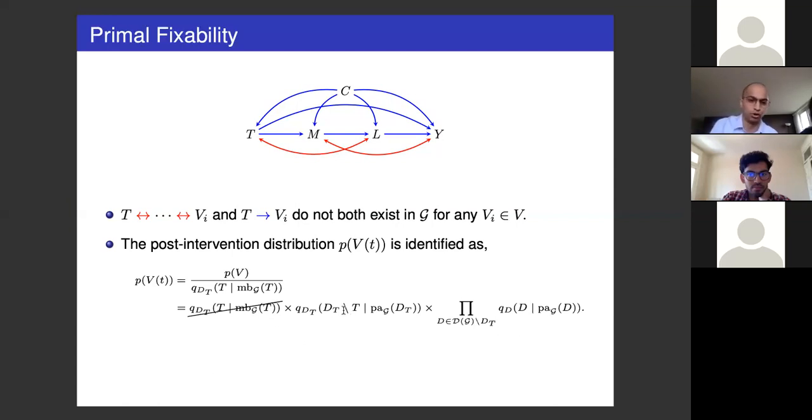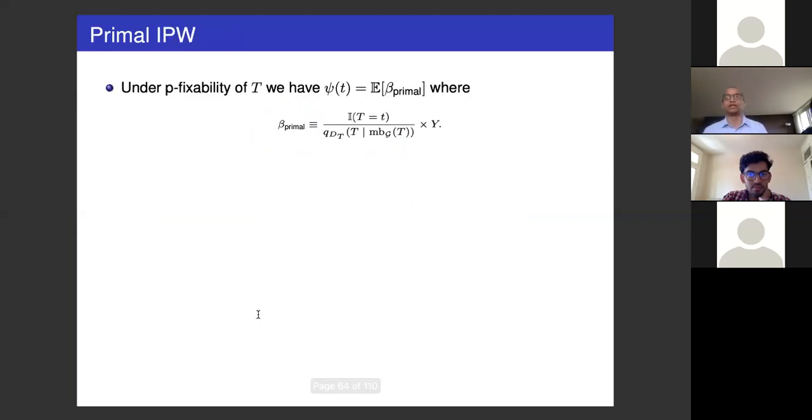But if I just hone in on the kernel that corresponds to the district of T and just chain rule it, you'll see that you drop the factor corresponding to T given its Markov blanket within that kernel. So really you can think of this identification formula as a truncated Tian factorization, or nested G formula, if you're a fan of the G formula. Okay, so what does this give us?